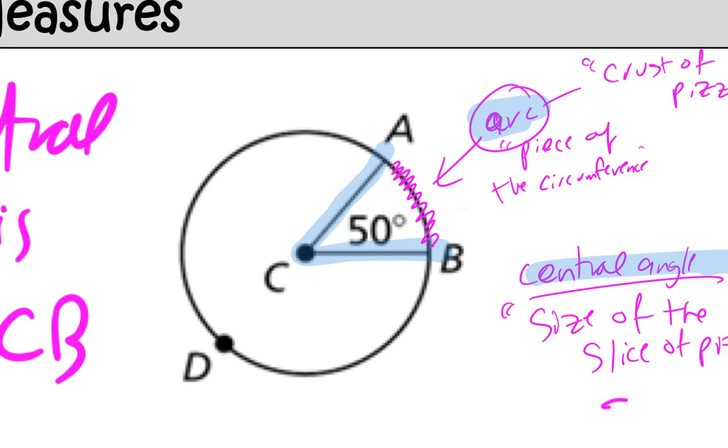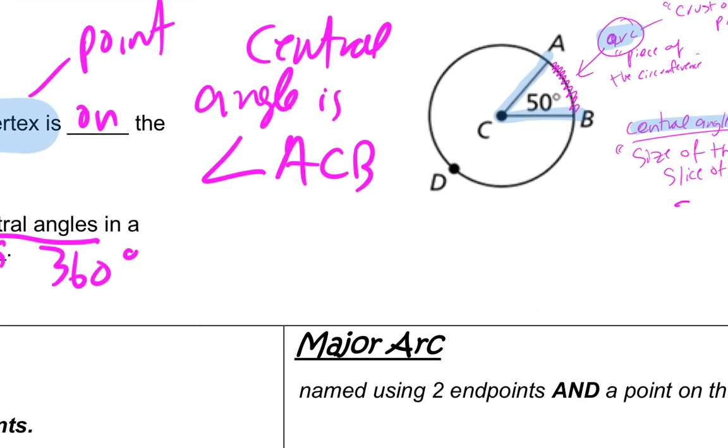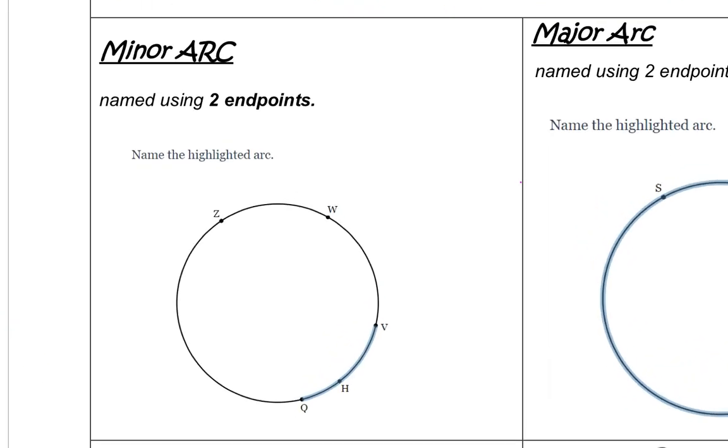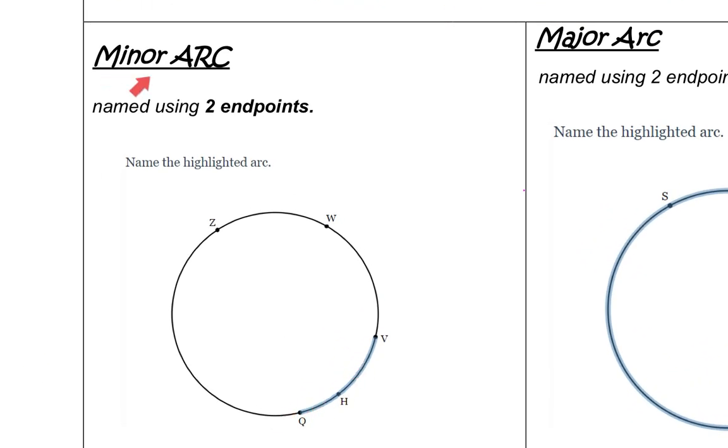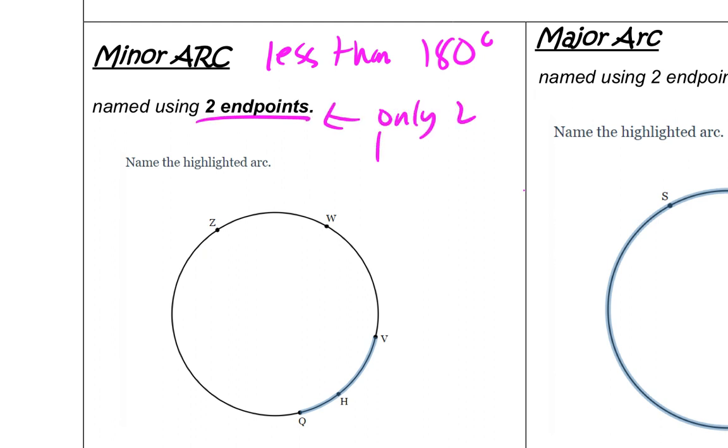So keeping that in mind, let's talk about how we would name those. A minor arc, if we see this right over here, is less than 180 degrees. When we name it, we're going to use two endpoints, so it has only two letters in its name. I see three letters here, but we only use the two endpoints.